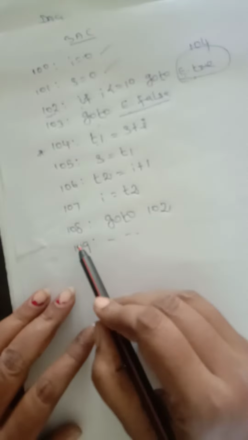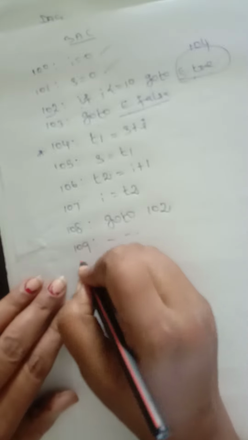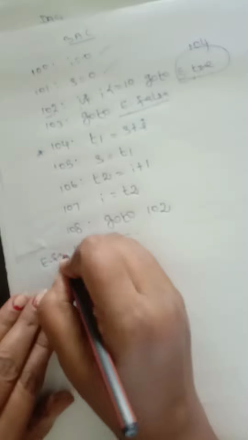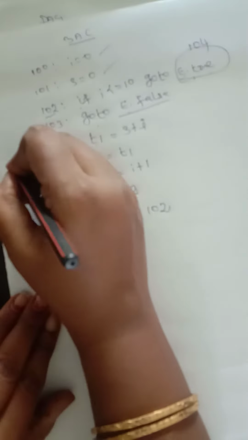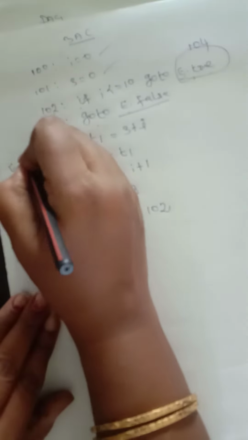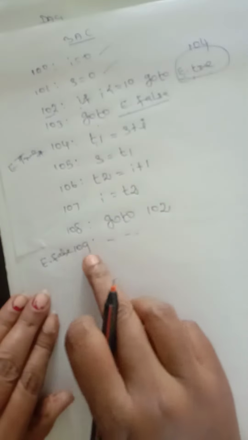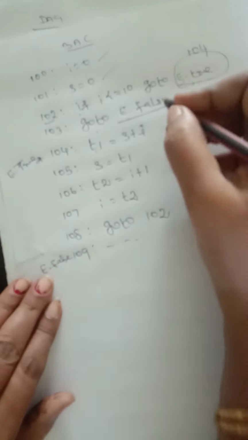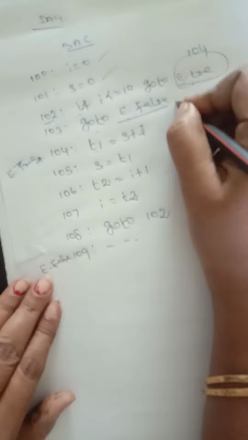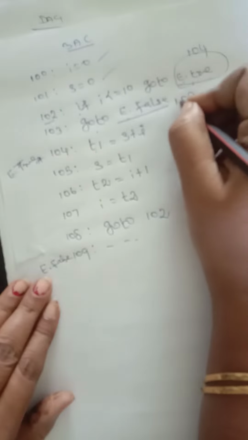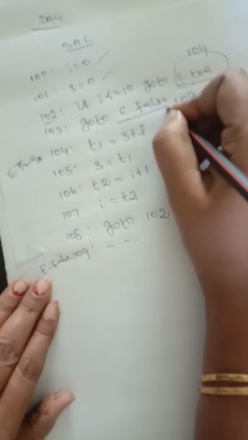The looping statement ends at 108, so the next address is 109. So 109 is called E dot false, and 104 is called E dot true. Here we have to refill 109.